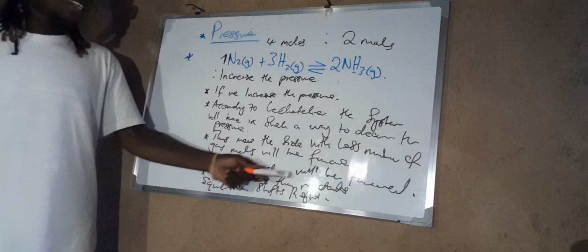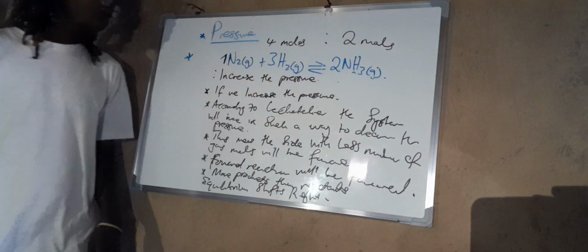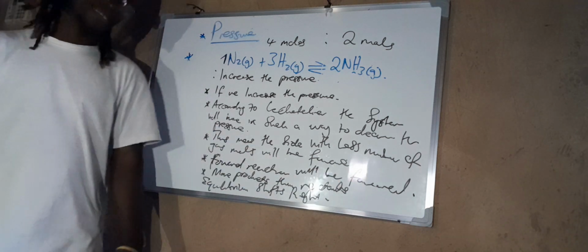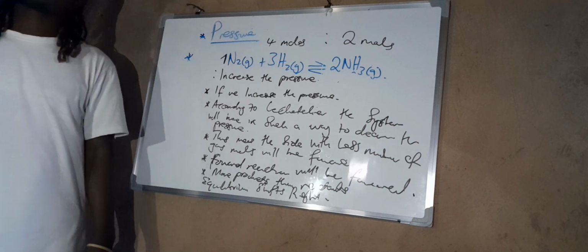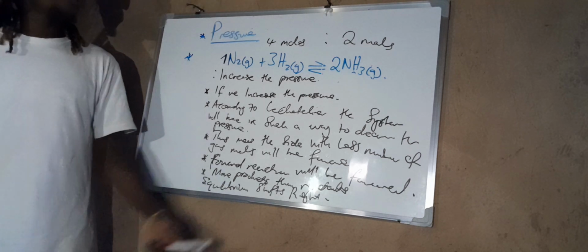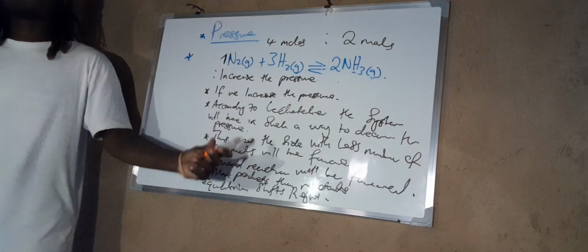So the forward direction will be favored in this case because it has less number of gas moles. Can you see that? So more products will be formed than reactants, and our equilibrium will shift to the right. Just like that. So the opposite is true if we decrease the pressure, right? We just do the opposite of what we just said.